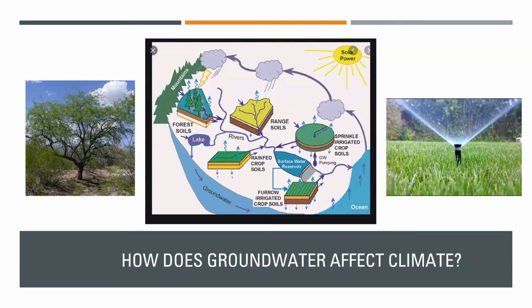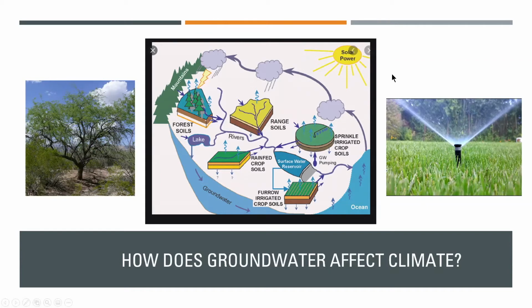And they bring water to the surface and evaporate it and put it into the atmosphere. And then, of course, there is the irrigated agriculture, where we pump water and put it on our crops. That water now gets to interact with the atmosphere, and that's how there is a direct climate groundwater interaction that takes place.